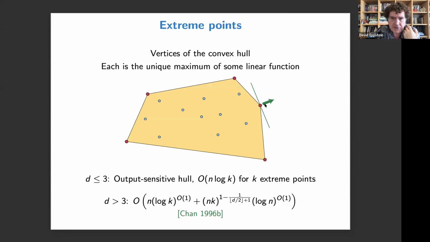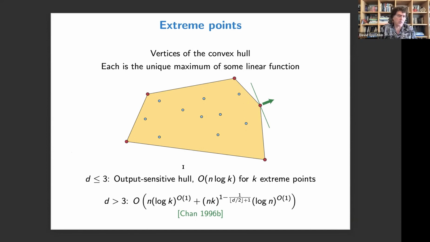So for each vertex of the convex hull, like this one marked here, there is some linear function, this green function that increases upwards and to the right, for which that point has a larger value than all of the other points of the input set. And that defines it as being an extreme point. In this example, if I had a point lying on the edge of the convex hull, that would not be an extreme point. I only want the vertices.